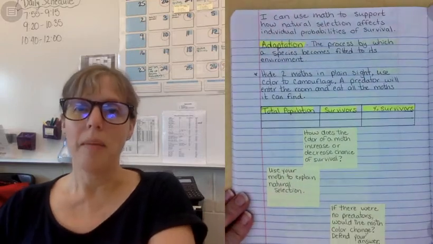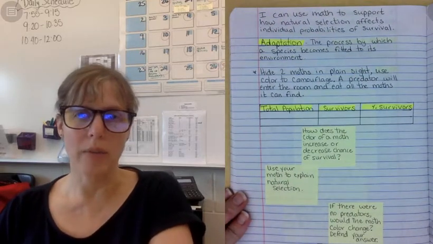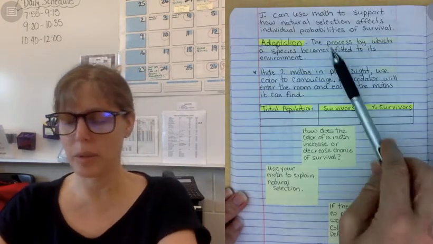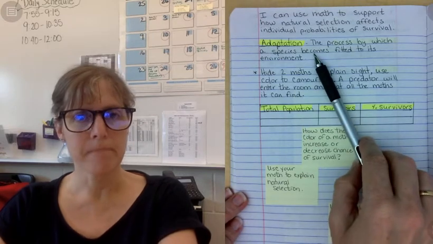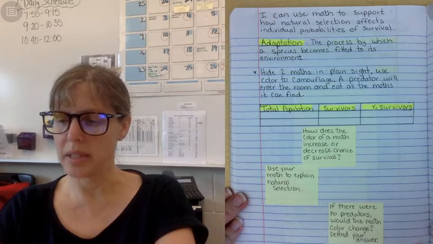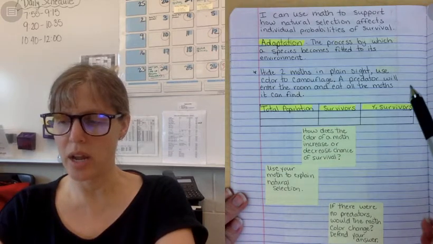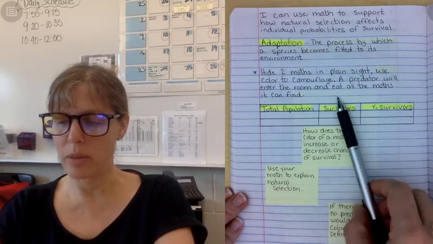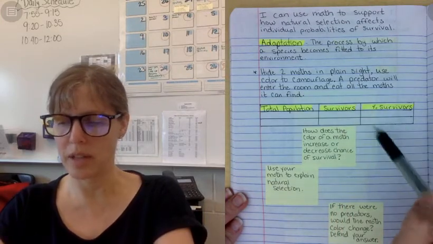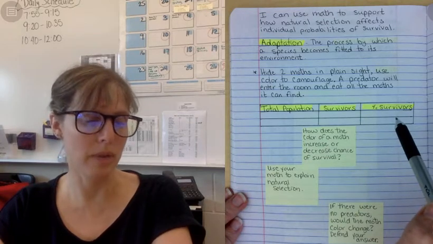We did a lab using math to support how natural selection affects individual probabilities of survival. This is where we talked about adaptation a little bit and why something might adapt. We hid two moths in plain sight. We used color to camouflage, and we talked about how a predator will enter the room and eat all the moths it can find, and we calculated from a total population the number of survivors and the percentage survival rate, right?